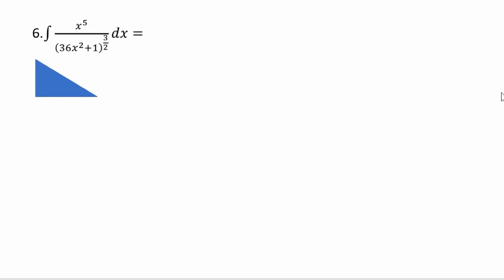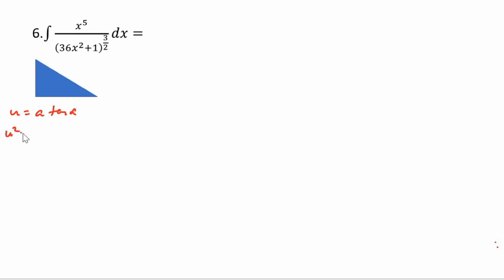For number 6, we have the integral of x to the 5th power over the quantity 36x squared plus 1, raised to the power of 3 halves, dx. Because of 36x squared plus 1 as the radicand, we can use the formula of letting u equal a tangent alpha.